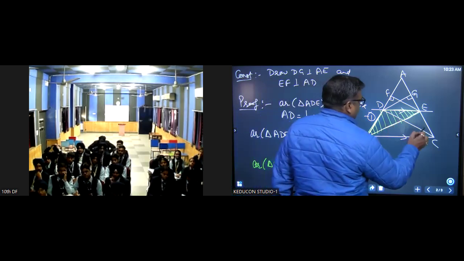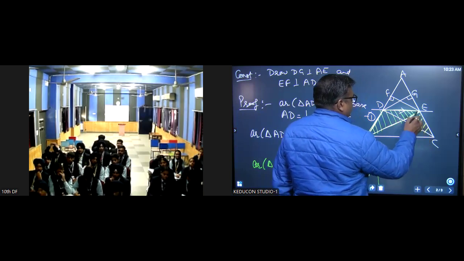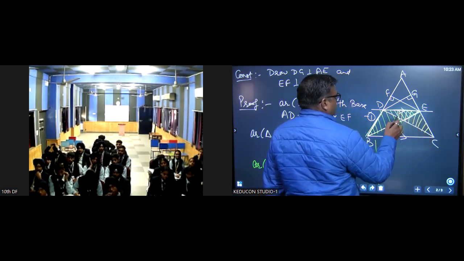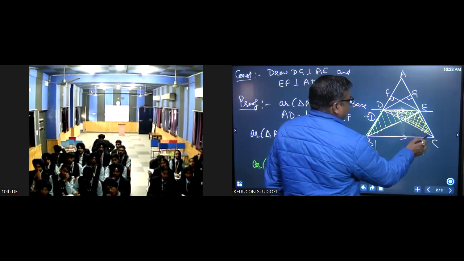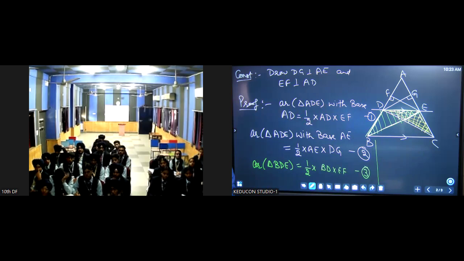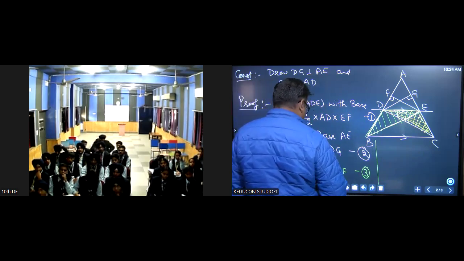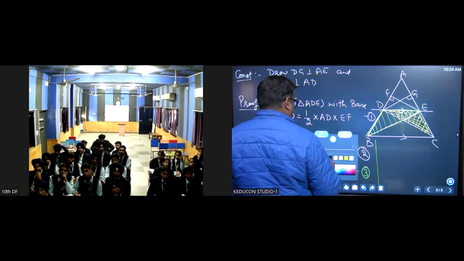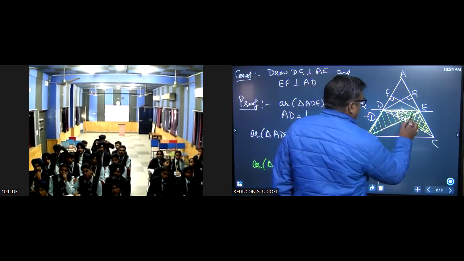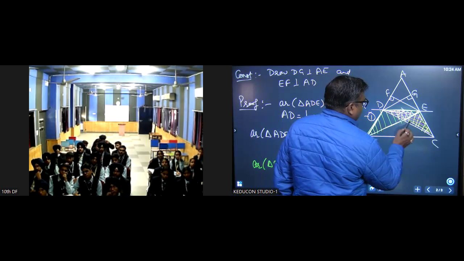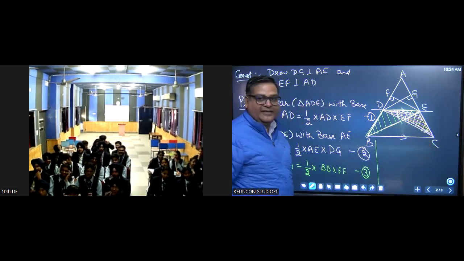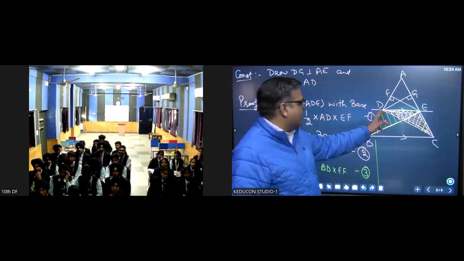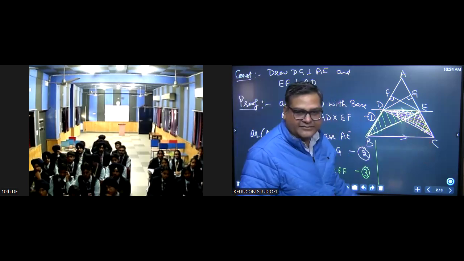Now see this triangle. Can you see this triangle? येलो वाला शेड किया स्टूडेंट जो मैंने, ट्रायंगल इसमें आपको डिफरेंशिएट नहीं कर पा रहे होंगे. Let me do this with a different color. Now can you see this triangle? Its base is EC. Now what will be the area of the triangle BEC?